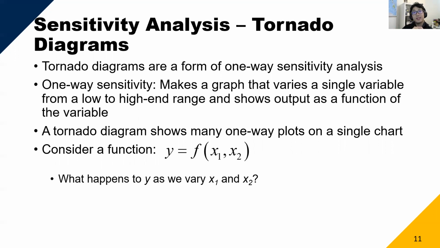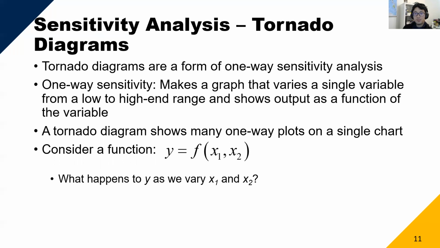And oftentimes the way it's arranged, it kind of looks like a tornado, where you have the largest one on top going to the smallest contribution at the bottom. So that quickly gives you a rank order of the most impactful parameter down to the least impactful parameter.